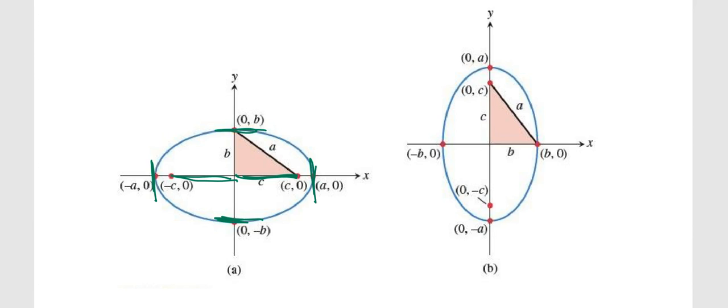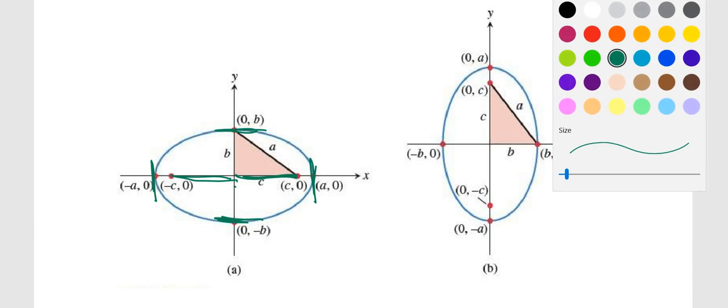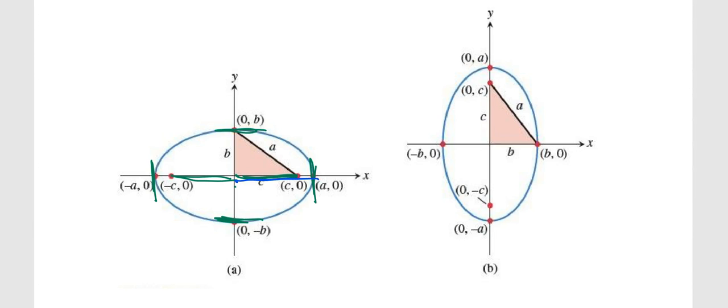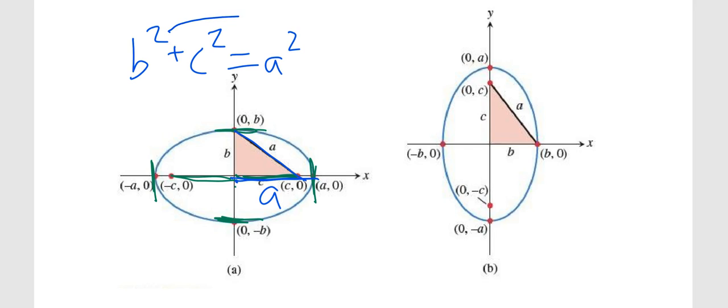They took this distance right here that I'll put in blue, which we called A, and they showed you that if they connect it from the tip of C to B, it forms the hypotenuse of the right triangle. So that's why they get B squared plus C squared equals A squared, but we modified that by putting this term on the other side.